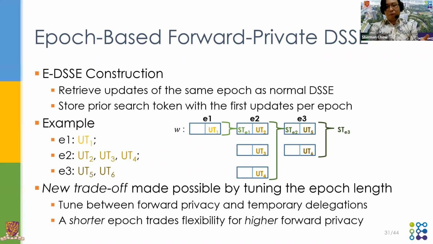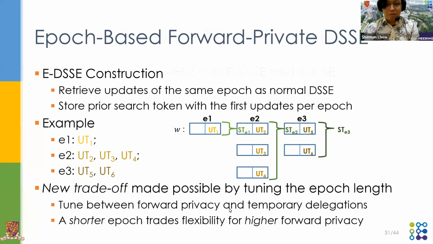On the other hand, that's all about temporal delegation, so we can achieve some sort of temporal delegation with this epoch concept. A shorter epoch trades flexibility for higher forward privacy. And at the other extreme, if you consider an infinitely long epoch, everything is searchable and there's no forward privacy at all.